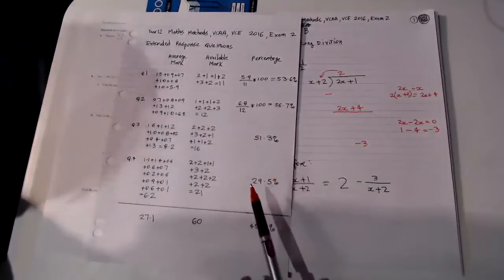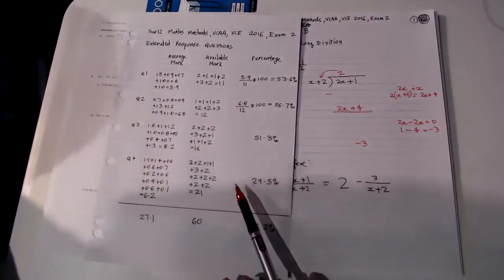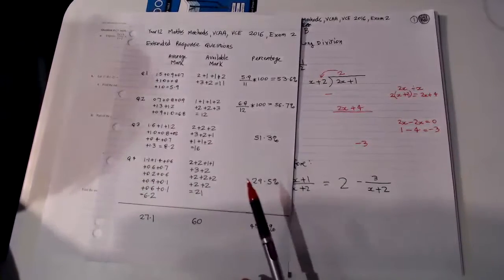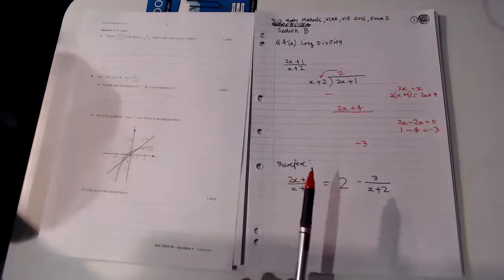So we can debatably say that the most difficult extended response question was question 4, and as a result, we're going to go through the worked out solutions for question 4.